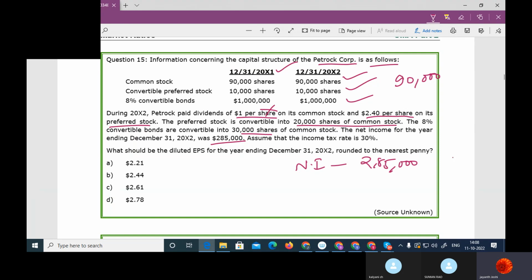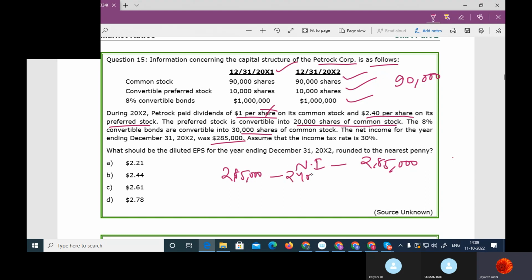So first of all, I will be finding the diluted EPS. Before finding the diluted EPS, you have to first find the basic EPS, correct? So 2,85,000 is your net income minus the preferred dividends. 2.40 into how many shares? 10,000 shares. So 2.40 into 10,000 is 24,000.